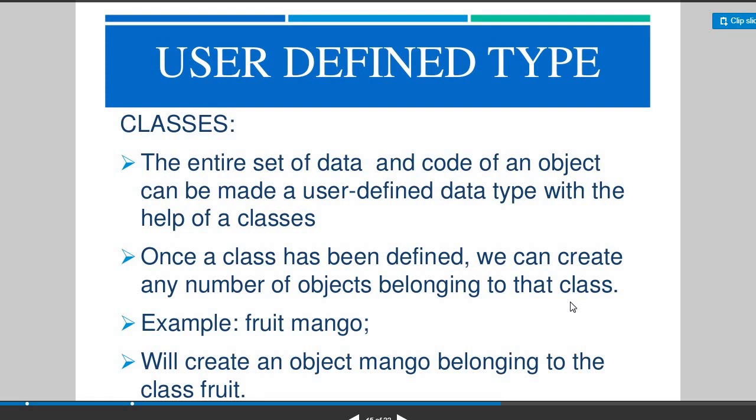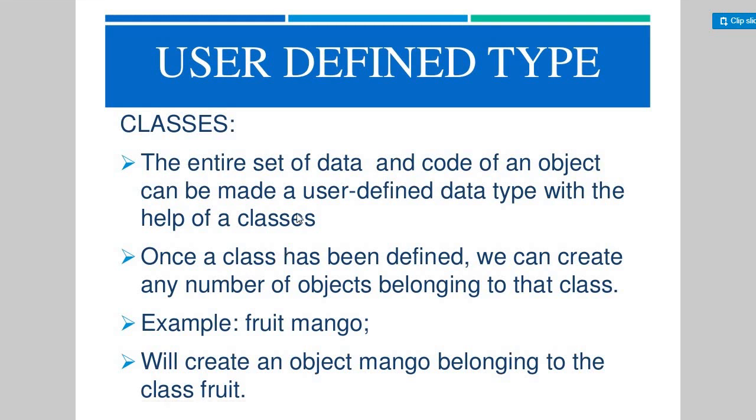For example, for fruit, we create an object mango belonging to the class fruits. This class is also a user-defined type, which consists of both data members and member functions in a single unit. In later classes, the basic concept of classes will be given in detail.